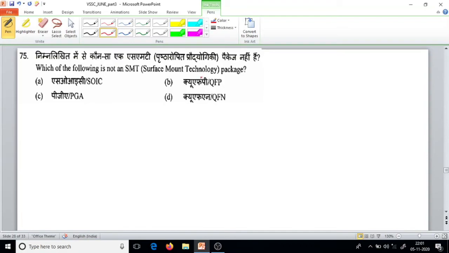So here SOIC is an SMD package, small outline integrated circuit. QFP is quad flat package.